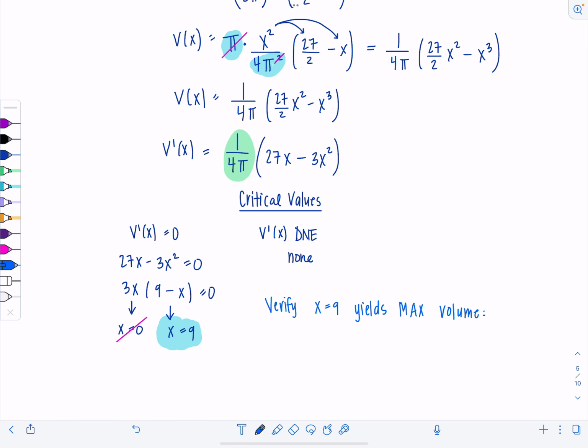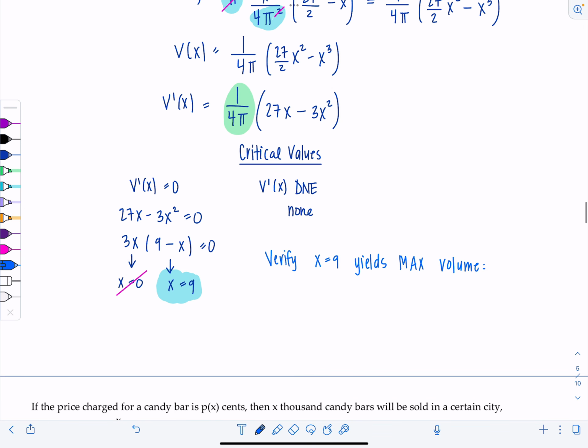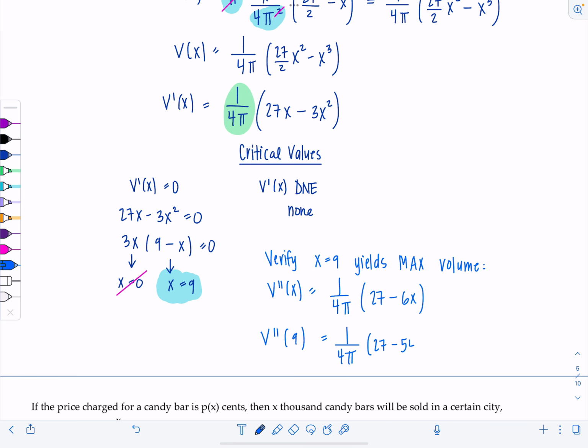So let's take another derivative. V double prime of x, leave the 1 over 4 pi. Derivative of 27x would be 27 minus now 6x. So v double prime of 9 is 1 over 4 pi times 27 minus 6 times 9, which is negative 27.